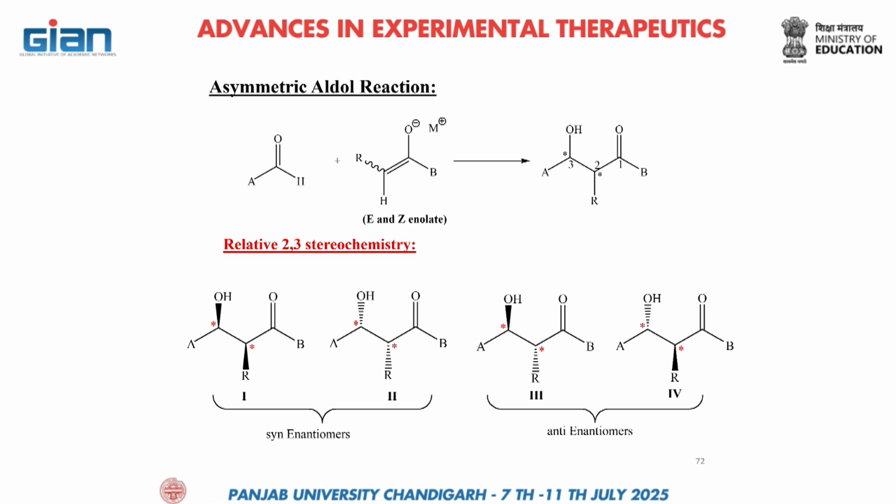Z, क्योंकि Z इनोलेट ही कौन सा देगा, सिन, E इनोलेट कौन सा देगा, एंटी. So first question, choose Z enolate. Once you choose Z enolate, you will get syn product. अब next step क्या करोगे, either your aldehyde or either your enolate place an auxiliary which will block the lower face.